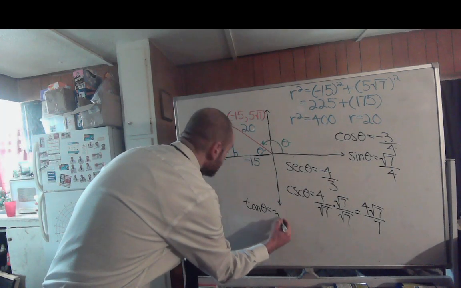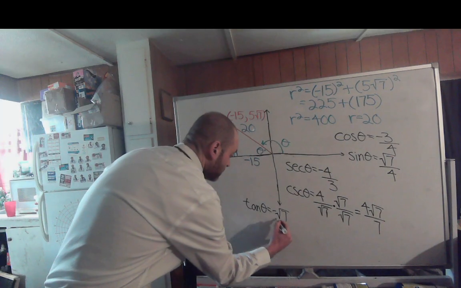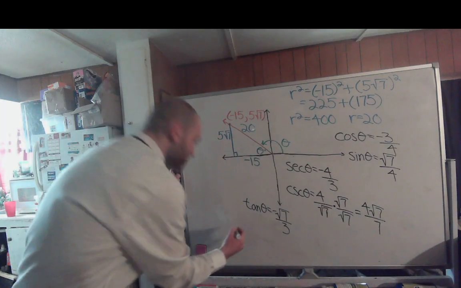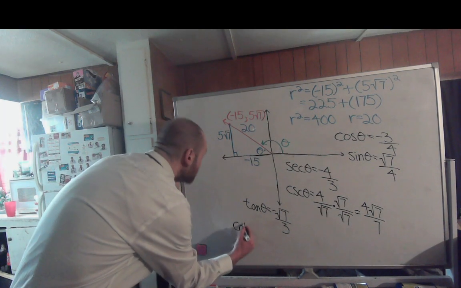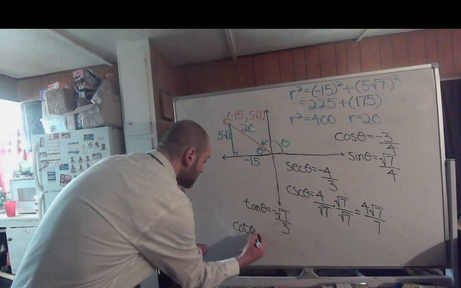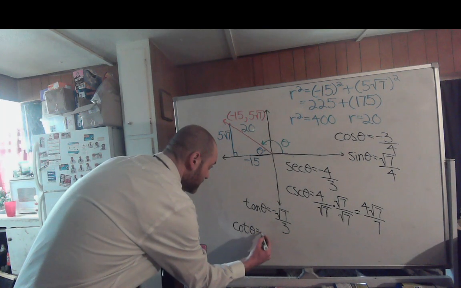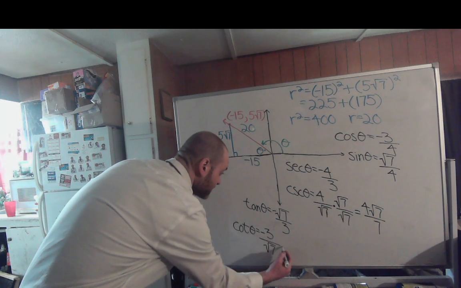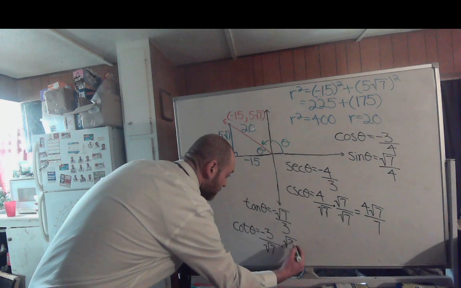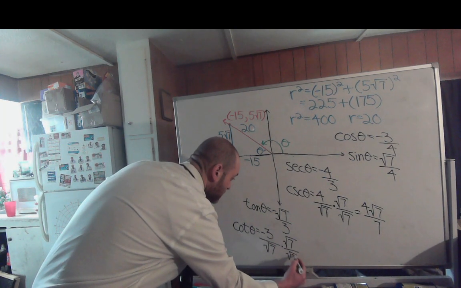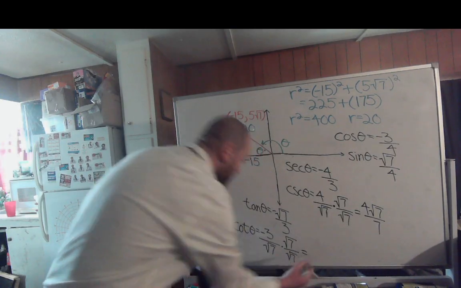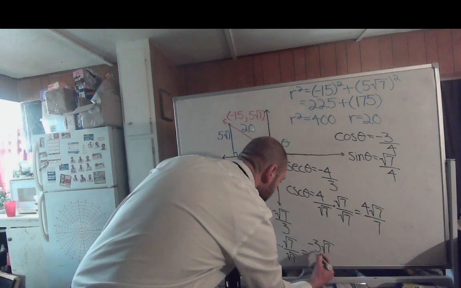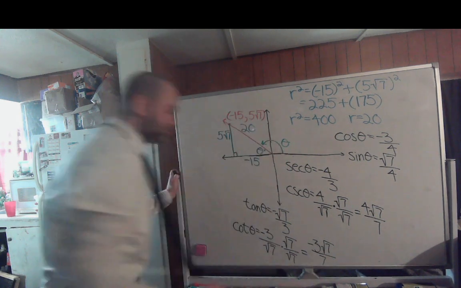That would give you negative square root of 7 all over 3 for your tangent. And then your cotangent is simply the reciprocal of tangent. So that would equal negative 3 all over the square root of 7. But let's rationalize that denominator. So that means your cotangent is going to be equal to negative 3 times the square root of 7 all over 7.